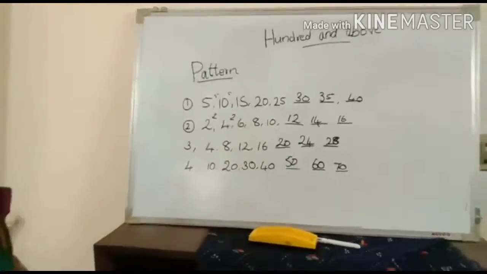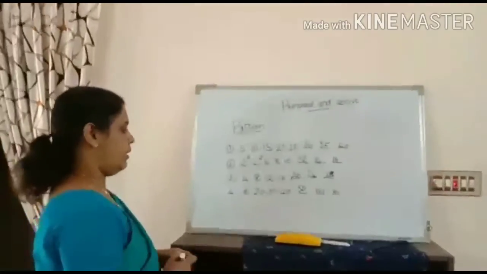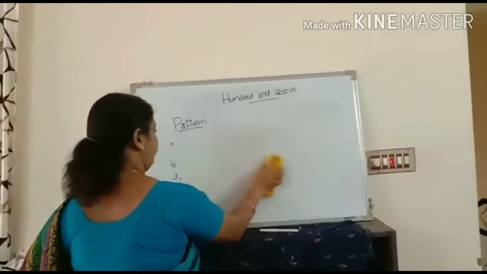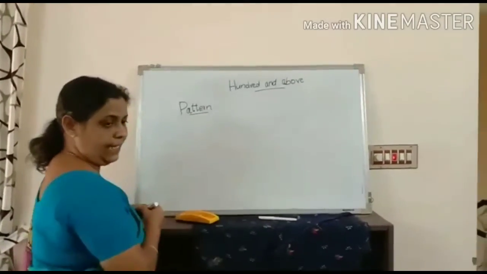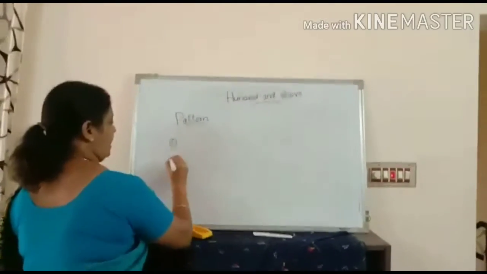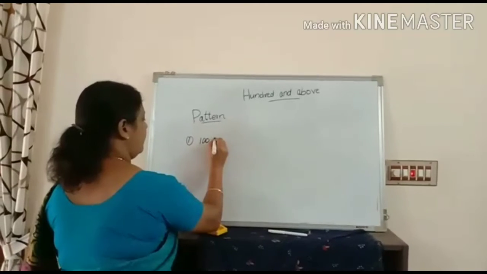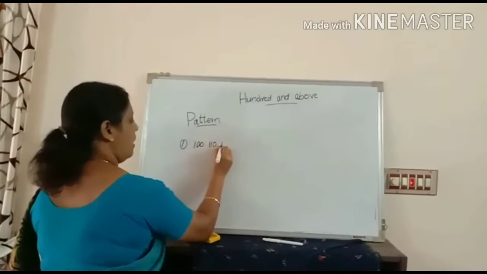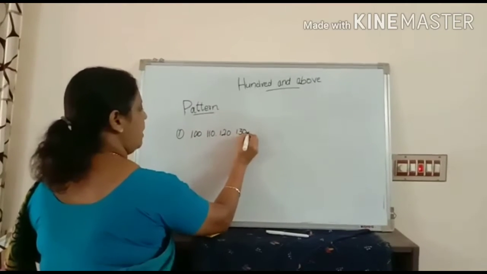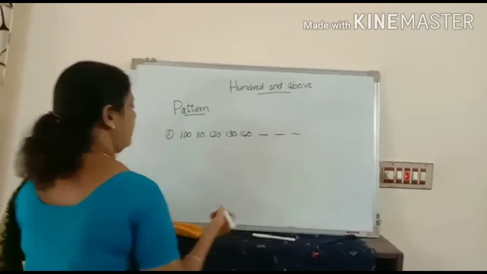So you know the pattern of 1 digit and 2 digits. Today we can study the 3 digit pattern. See, 100, then 110, 120, 130, 140, dash, dash, dash.